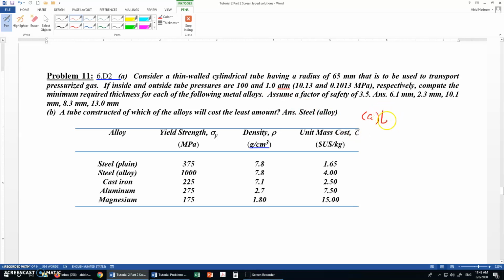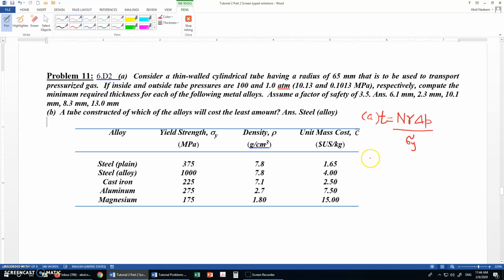The equation for the thickness is equal to n times the radius times the change in pressure, divided by yield strength.